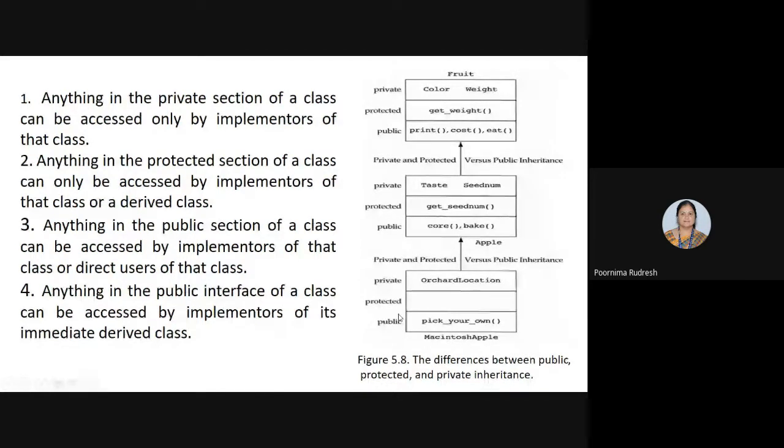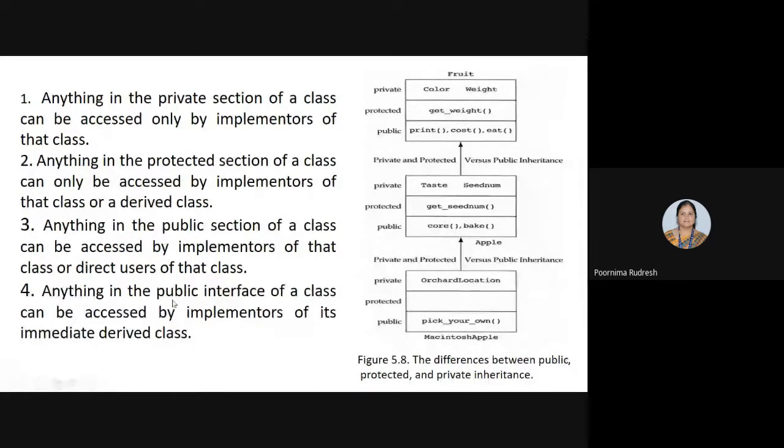And the public of the fruit class cannot be accessed by the apple class or by the Macintosh class. Understood? Because whatever is present in the public area can be accessed only by the implementers and users of that particular class, not by the derived classes. Okay, understood? Next, we'll see the fourth point.